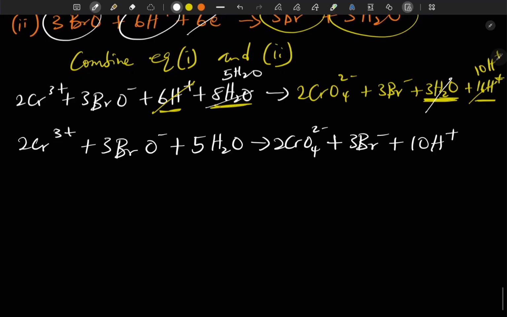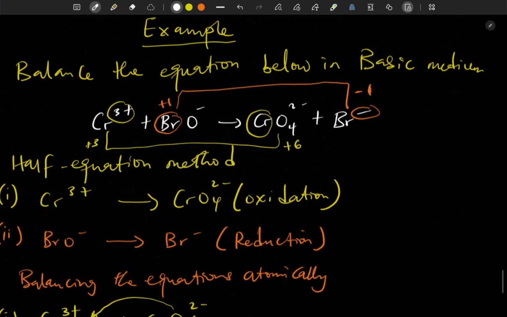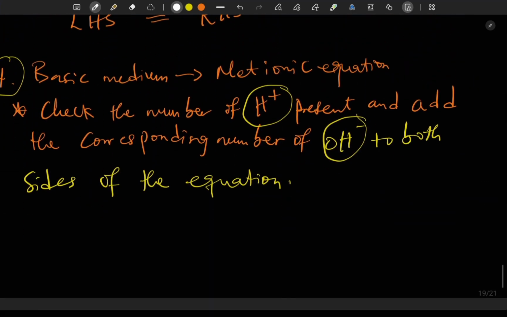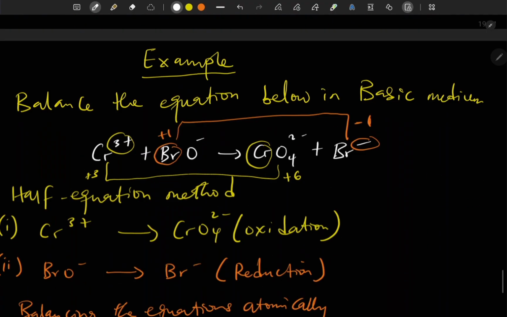Now this equation is supposed to be balanced. This is supposed to be our net ionic equation if we are working in acidic medium, but because we are working in basic medium, we have to follow step 4. Step 4 says that in basic medium, check the number of hydrogen ions present and add the corresponding number of hydroxide ions to both sides.